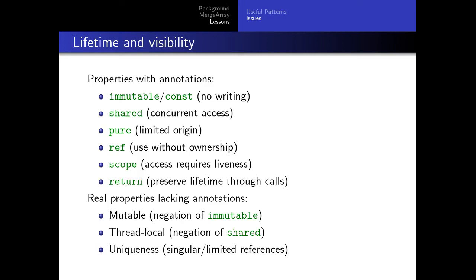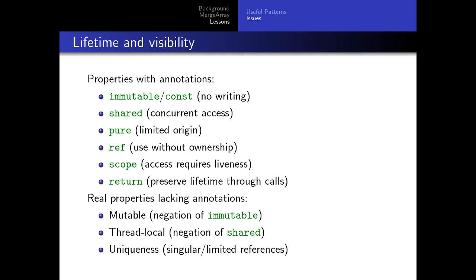With scope, you get guarantees that there has to be some sort of liveness during the scope of that accessibility. And then there's the new return, which allows you to preserve lifetime across arguments and return values of functions. But there are also different properties that don't have annotations. Mutable and thread local are default states that are just the negations of immutable and shared.